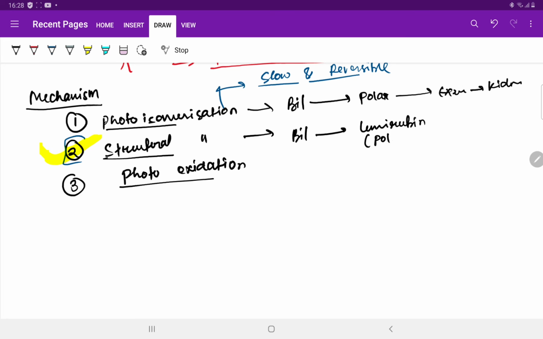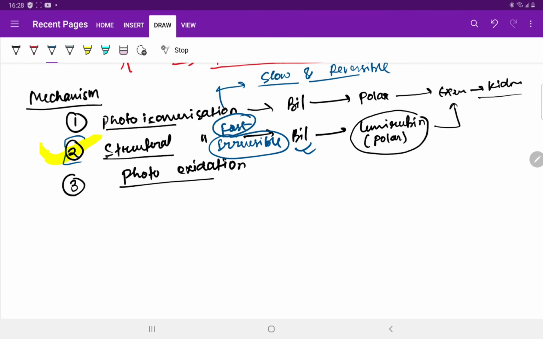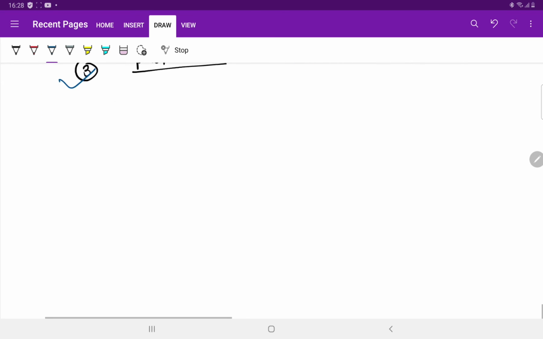It is a polar compound which gets excreted via the kidney, but this conversion is irreversible, right? And this process is fast. So the majority of the conversion takes place by the mechanism of structural isomerization, and then there is photo-oxidation, which is the least important. We are not really concerned about that.